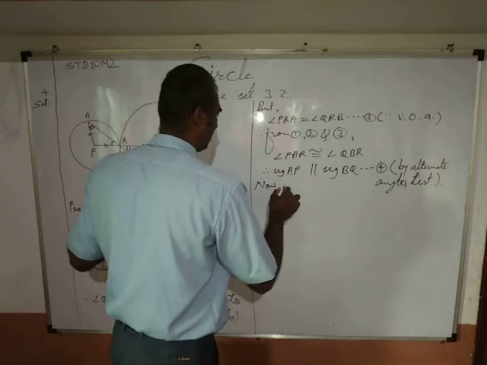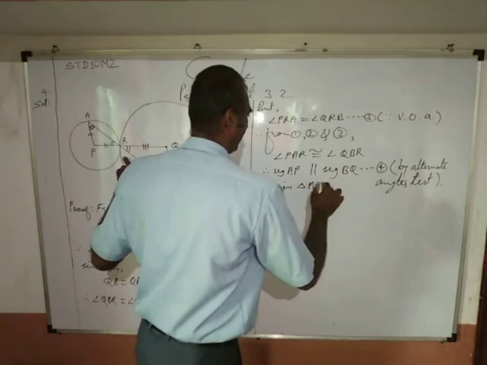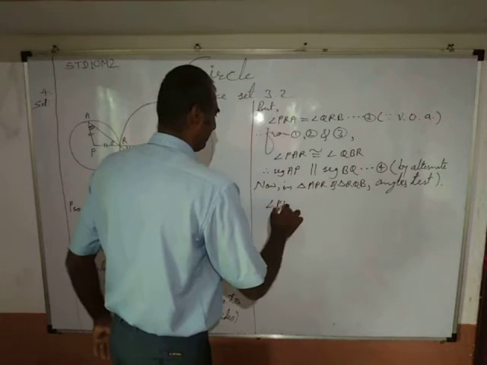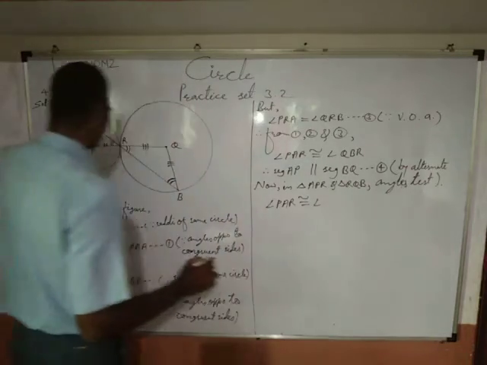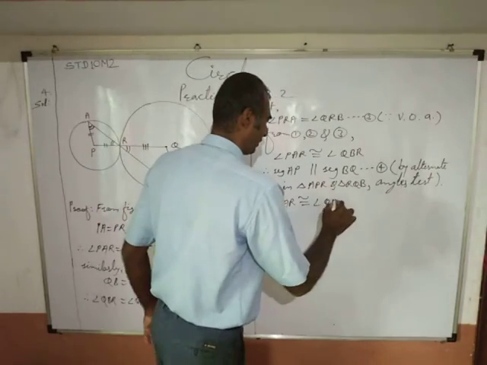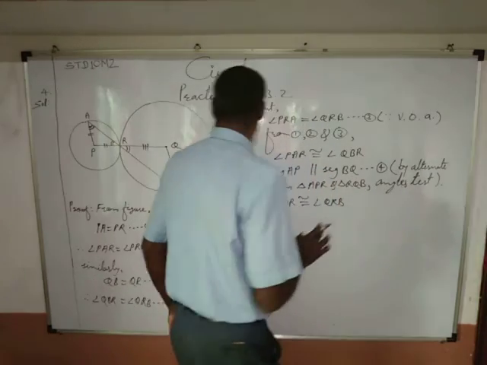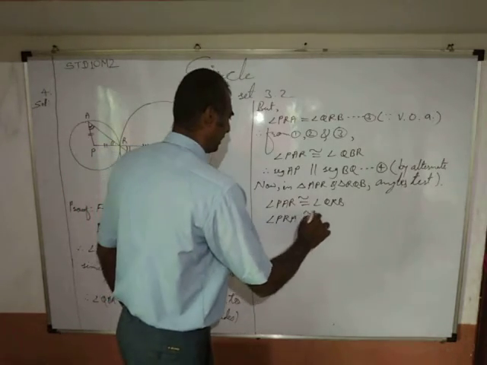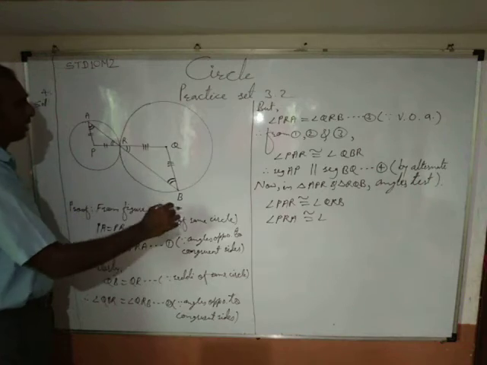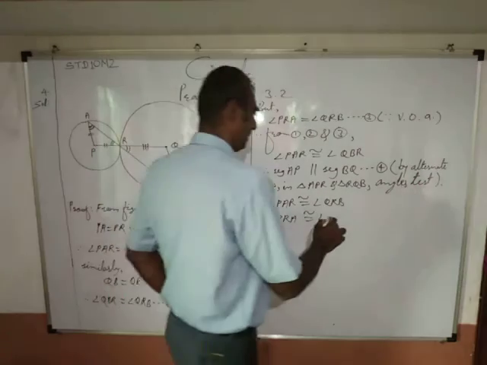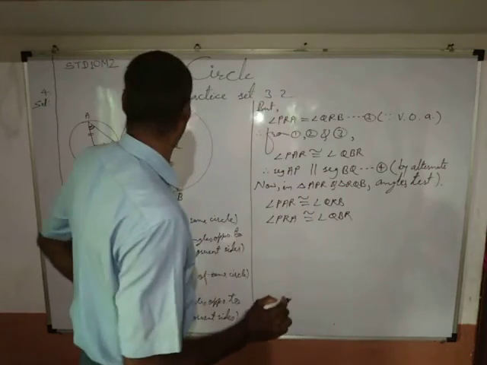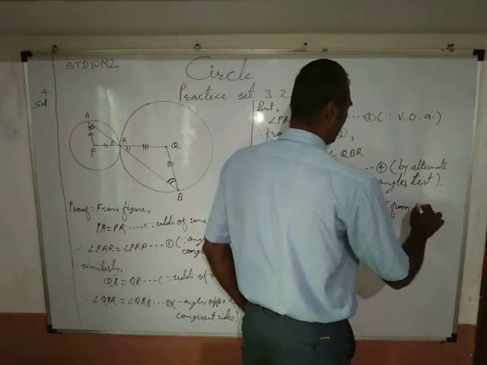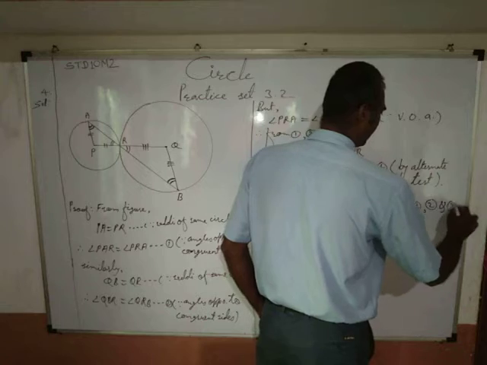Now, in triangle APR and triangle RQB, angle PAR is congruent to angle QRB, then angle PRA is congruent with angle QBR, common for these two from equations 1, 2 and 3.